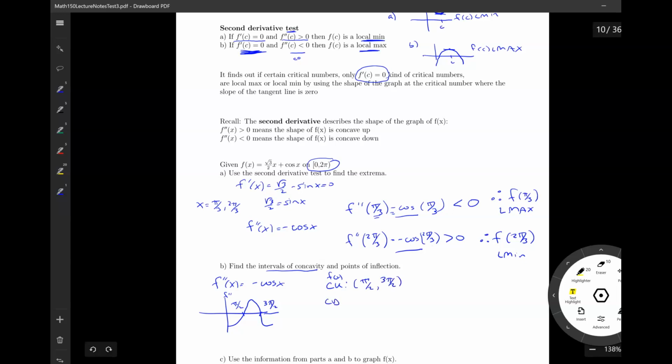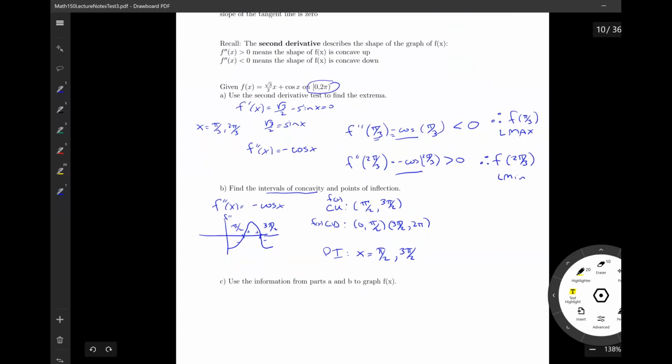And where the function is concave down is where the second derivative graph is below the x-axis. And our points of inflection are going to be those x values where the concavity is changing. So the concavity changes at pi over 2 and at 3 pi over 2. We have negative to positive and then positive to negative.